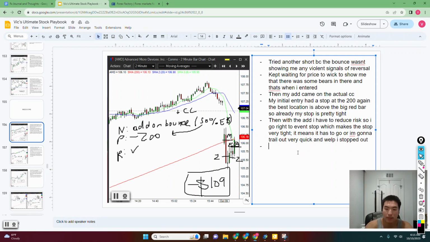In hindsight, the big bar's high held before AMD dropped. So it did indeed seem to be the best location for the true invalidation point of this short.